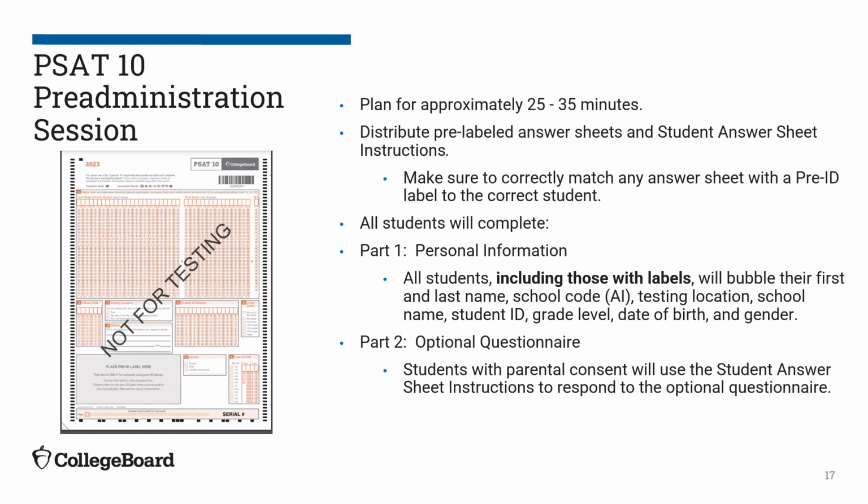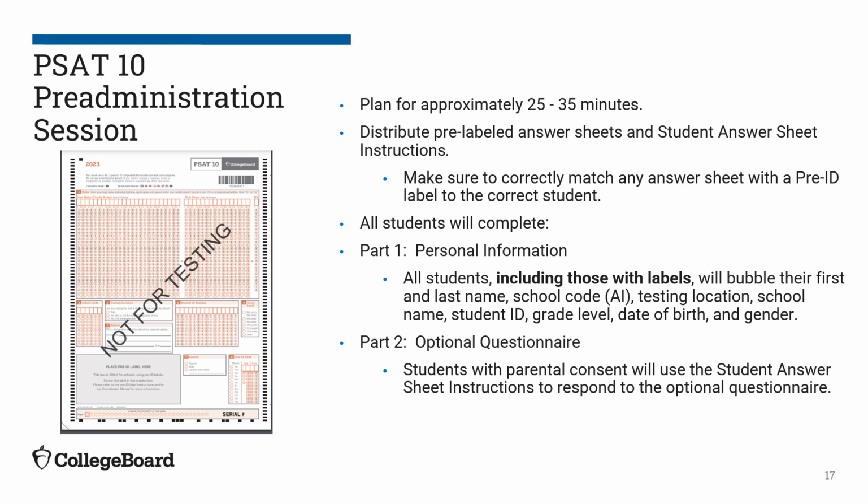For the PSAT 10 pre-administration session, plan for a duration of 25 to 35 minutes. Distribute the pre-labeled answer sheets and a copy of the student answer sheet instructions for each student, making certain every student receives the correctly labeled answer sheet. All students will complete the following.